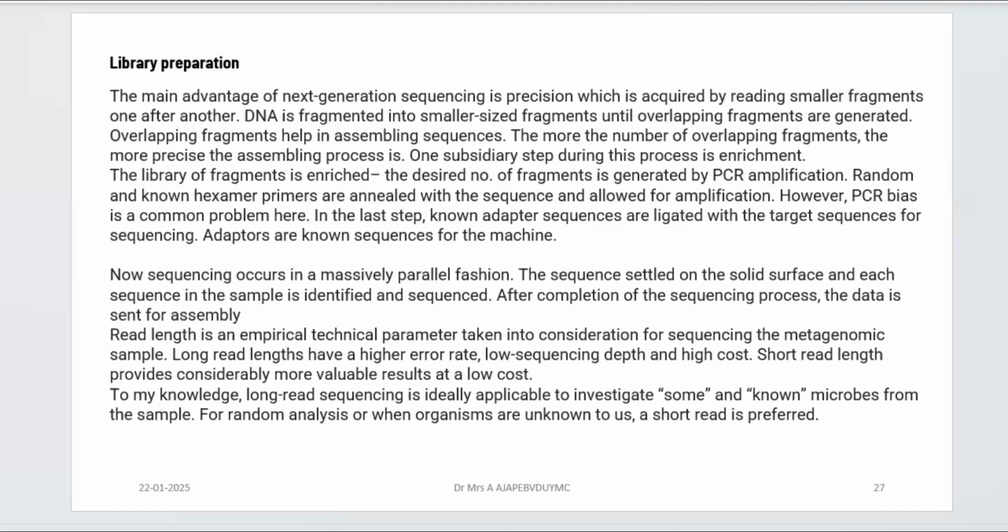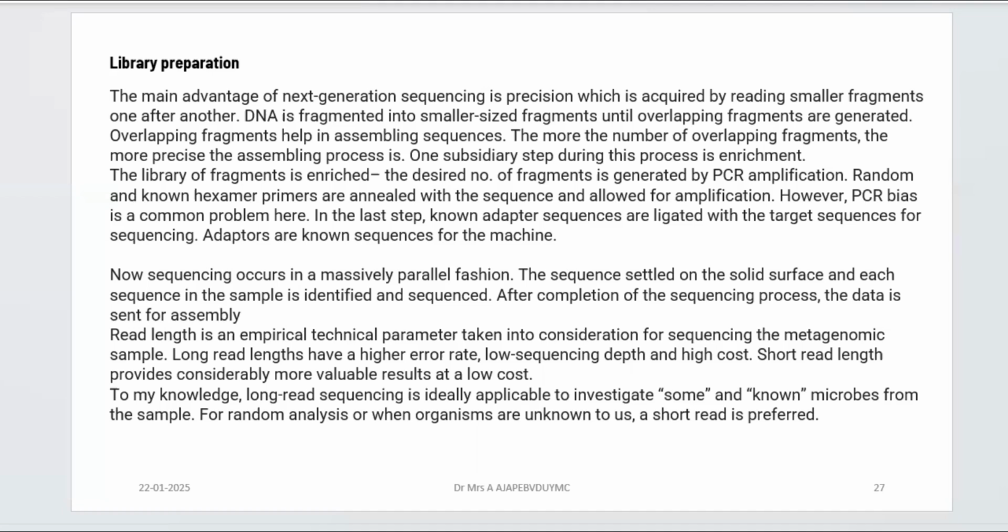So you have to shear the DNA into small fragments, and the fragments are to be such that they have overlapping ends. The more overlapping fragments, the more precise the assembling can be done. Now, of course, if required, an enrichment step can be done.